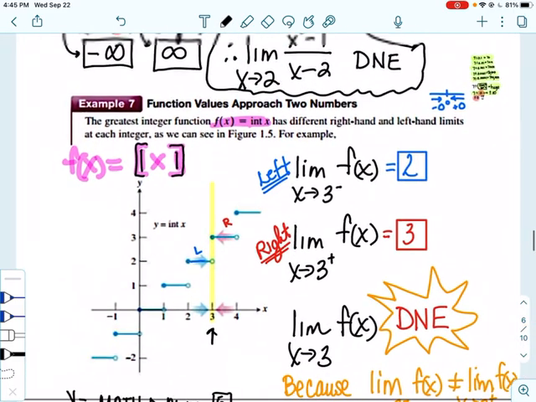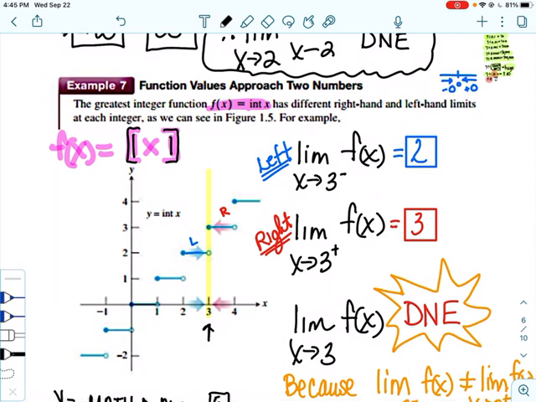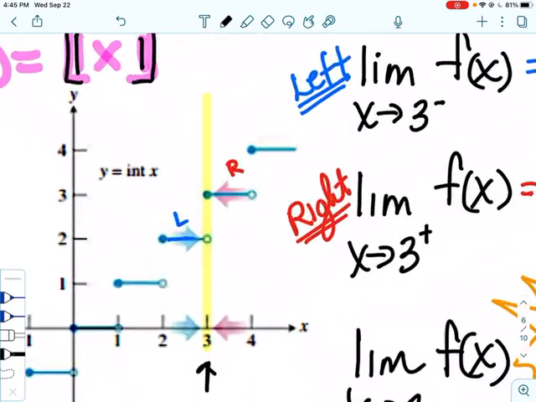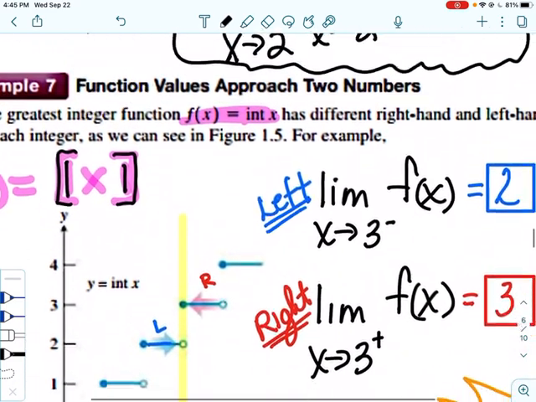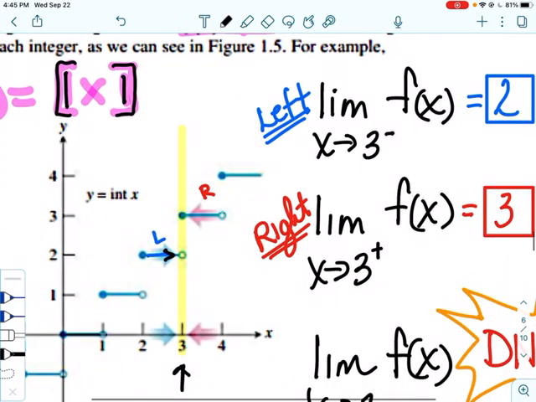It says the greatest integer function, f of x is equal to int x, has different right and left-hand limits. So I chose to look at the limit as x approaches 3 from the left and the right. You can see from the left, as you're coming in here, your function value is 2. But from the right, as you're coming in, your function value appears to be right here.